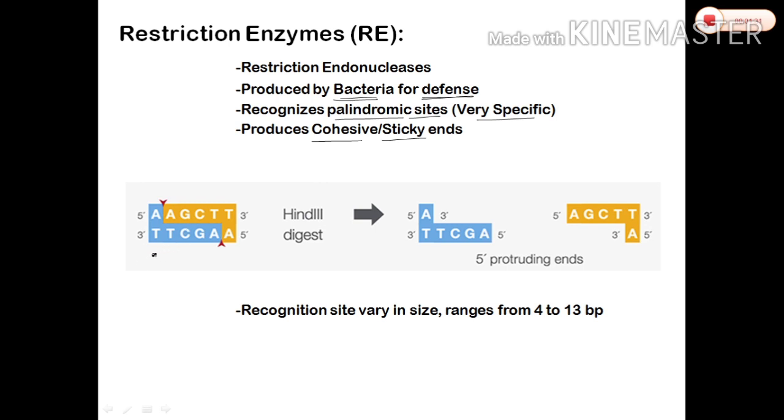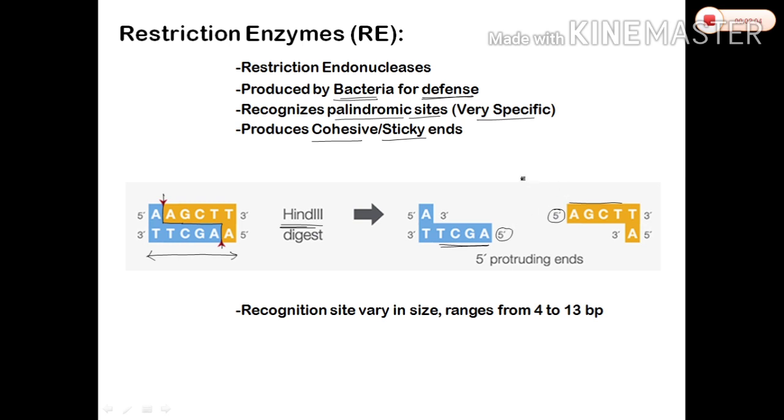This is the recognition site of the restriction enzyme HindIII. HindIII cleaves this recognition site at this location, and finally produces two protruding ends. This is a 5' protruding end, also called a sticky end or cohesive end, and there are many other names.